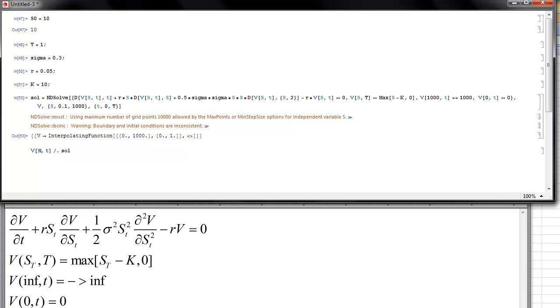And let's say we want to check what's the price of the option when the current price S0 is 10. So I put a 10 and we want to evaluate it at time 0. And here we get the output. Okay, so this is the evaluation of the call option.